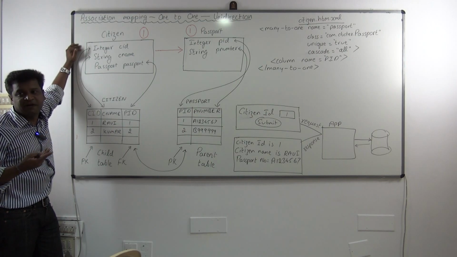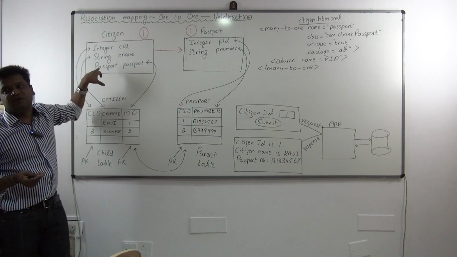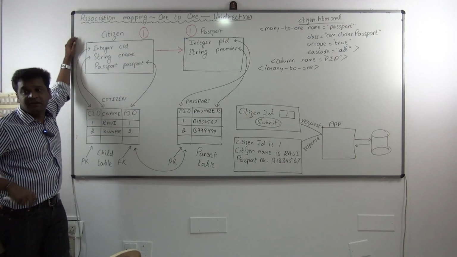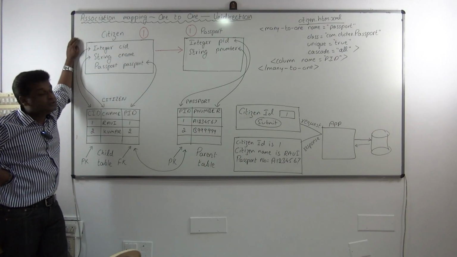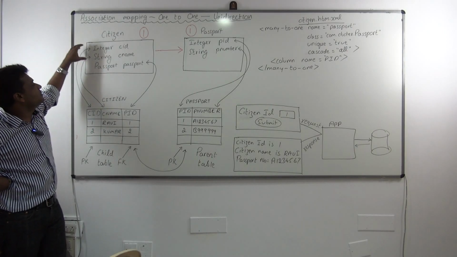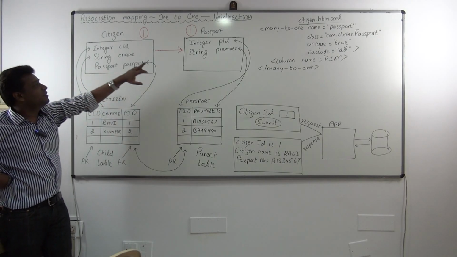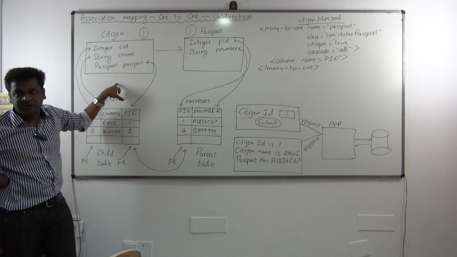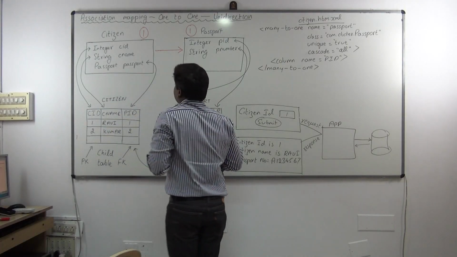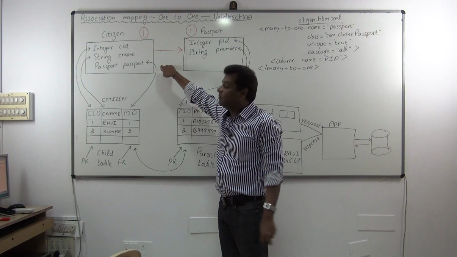When I say citizen has a passport, obviously the passport becomes an instance variable in the citizen entity class. That is the extra property we have. These are the two entities now. So we understood how to design the entities, and we are going with unidirectional. Remember that.